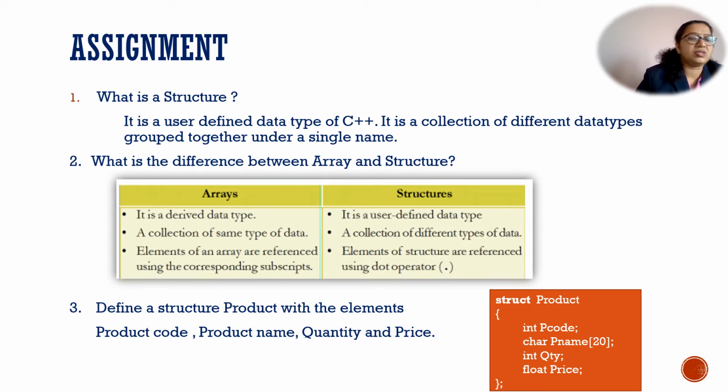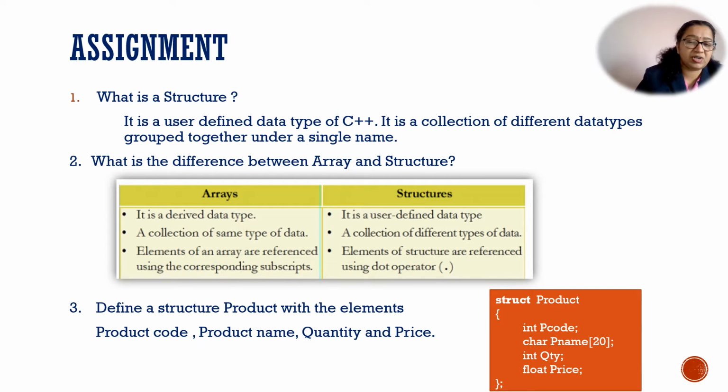Okay. So the second question is, what is the difference between array and structure? Some more differences are there, but we studied only 3 points. So the first one is, an array is a derived data type, a structure is a user-defined data type.